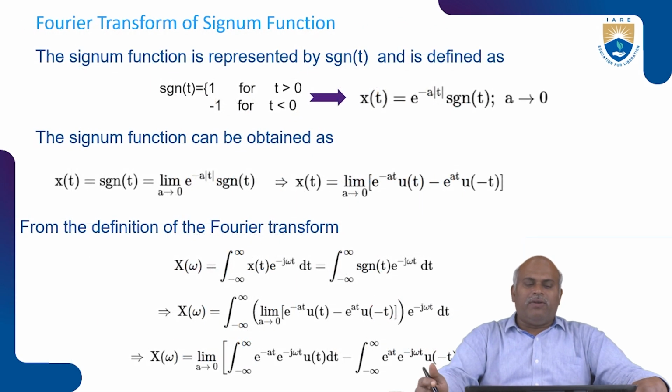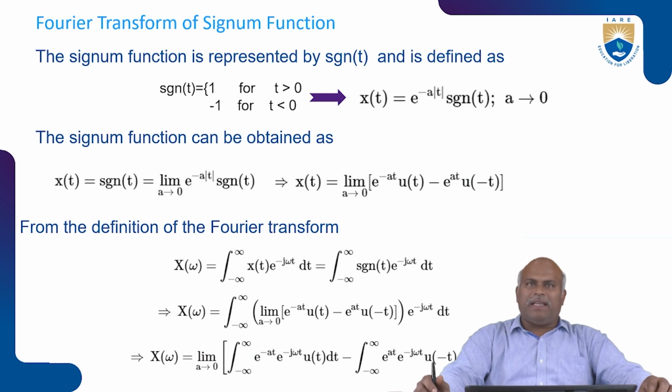Next, we go for the Fourier transform of the signum function. So what is the meaning of the signum function? The signum function, which I represent as sgn(t), is defined as sgn(t) equal to 1 for t greater than 0, and minus 1 for t less than 0.